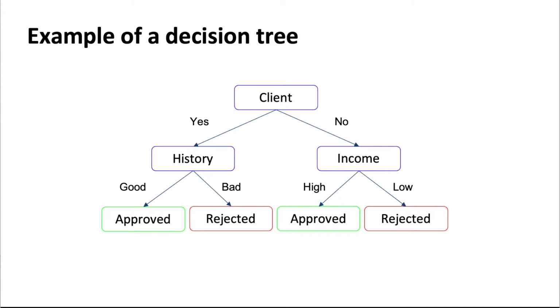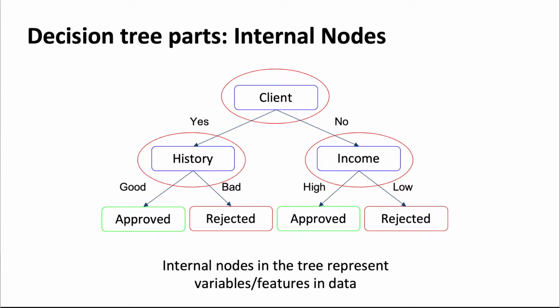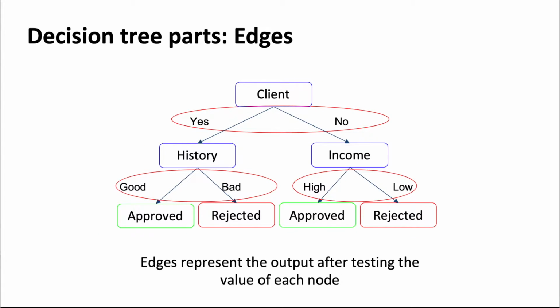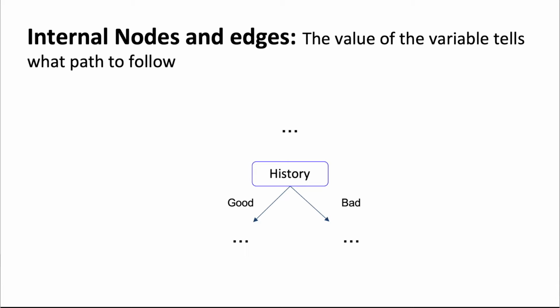So this is an example of a decision tree. First, the internal nodes represent the variables that describe the data, in this case, client, history, and income. The edges represent the values that the variable node can take. So in general, in every node, before deciding in what direction to go down the tree, we check the value of the variable.